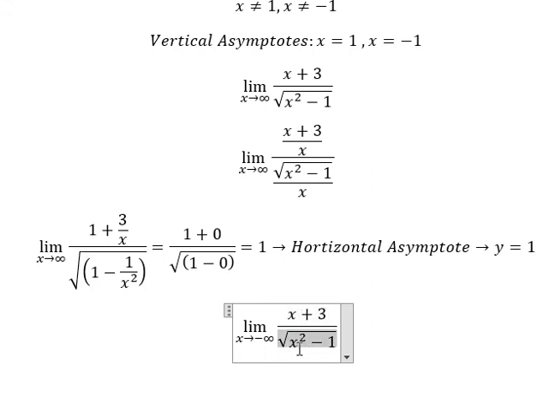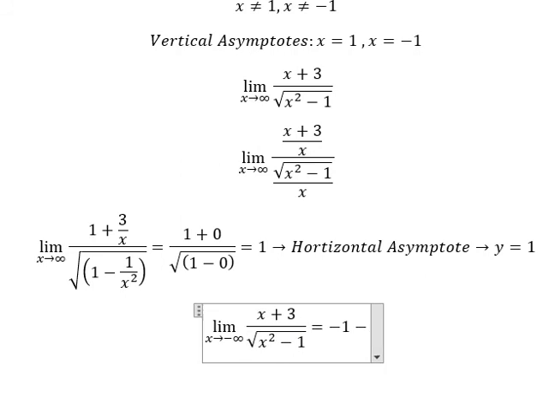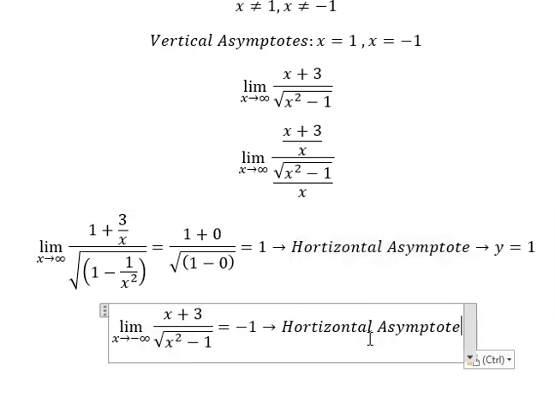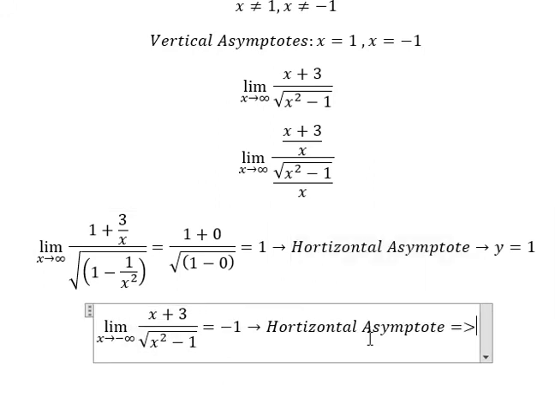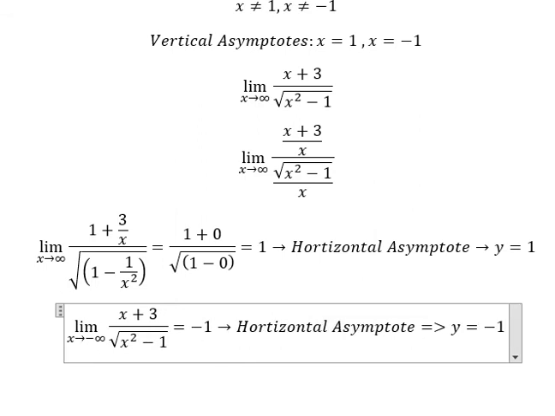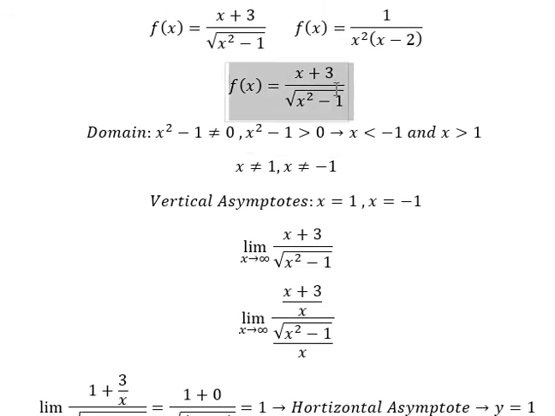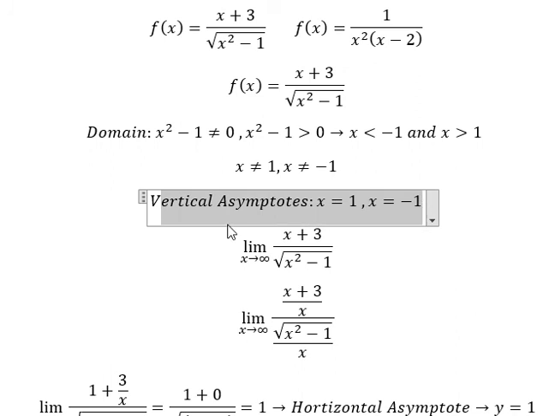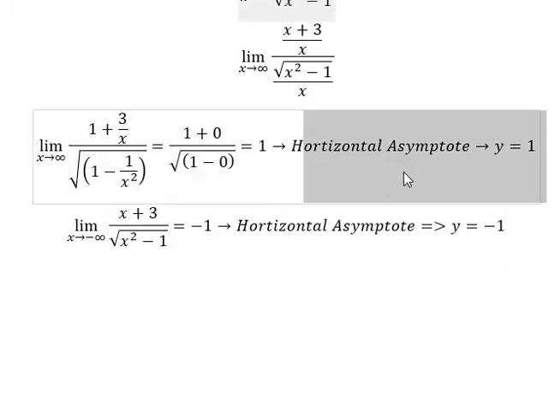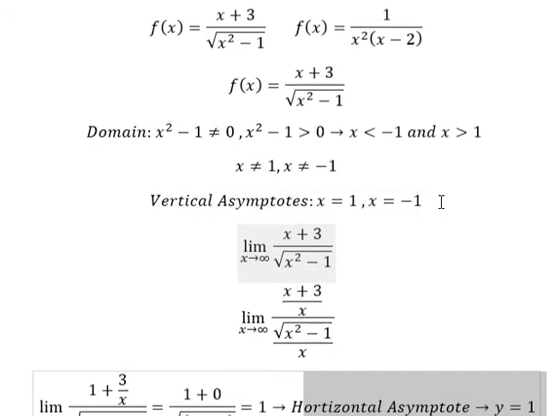Negative divided by positive, we will have negative 1, and we have the second horizontal asymptote, which is y equal to negative 1. So that means in this one we have 2 vertical asymptotes and 2 horizontal asymptotes.